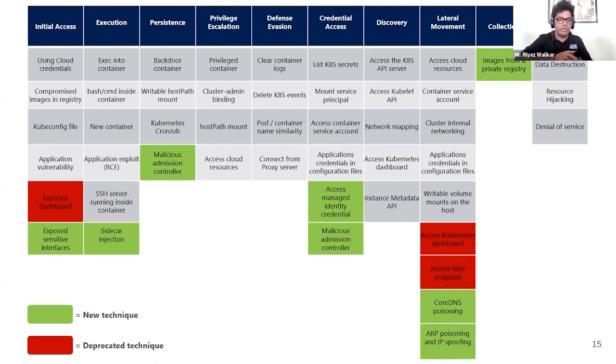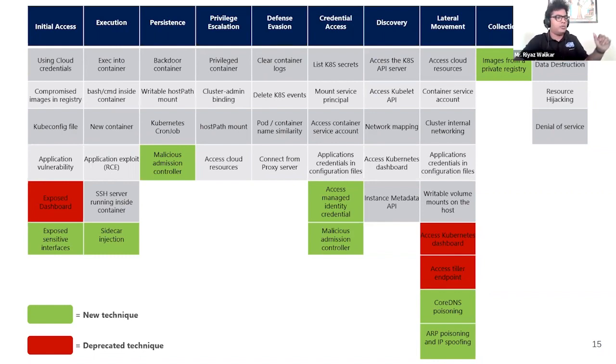You want to persist within the network, do far more reconnaissance than what your primary foothold would allow you to, and escalate privileges if you don't already have admin or root within the environment. Optionally evade any defenses that may have been placed within the network. Find more credentials within the environment, discover them so that you can access other resources. Perform additional discovery, move laterally to other resources.